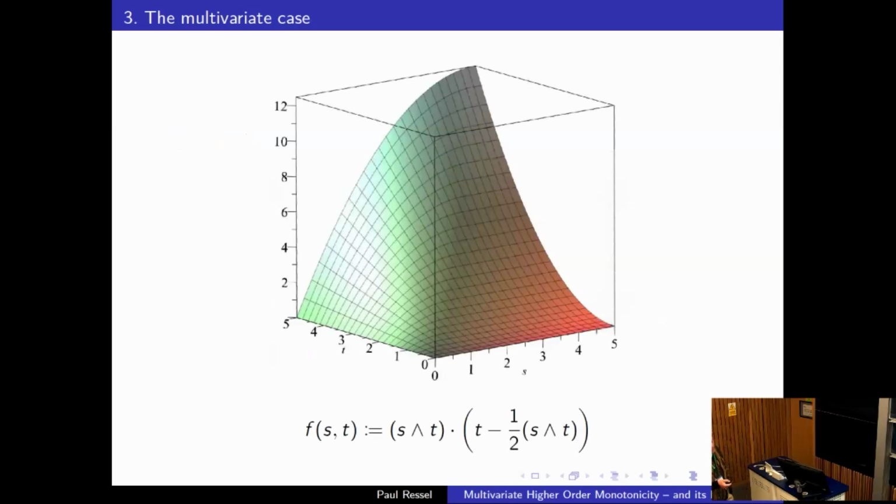You can see here, if you fix t first and consider it as a function of s, then you have just an increasing function. But the other way around, if you fix s and consider it as a function of t, you get an increasing and convex function.